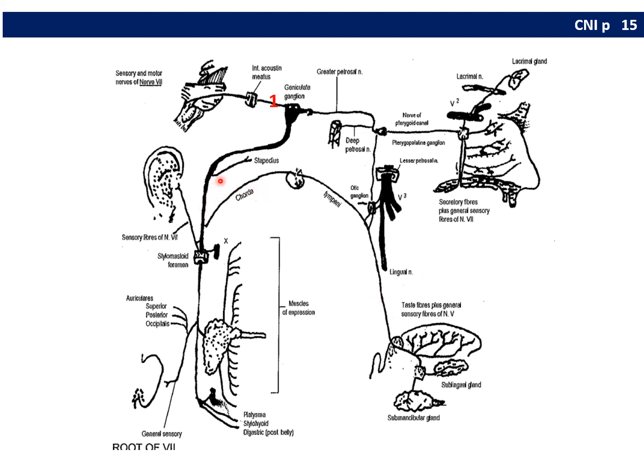The patient will have hyperacusis because of the inability to contract the stapedius muscle, which can dampen sounds. And then they will lose sensory to the concha of the ear, as well as the muscles of facial expression, which are innervated by the facial nerve.